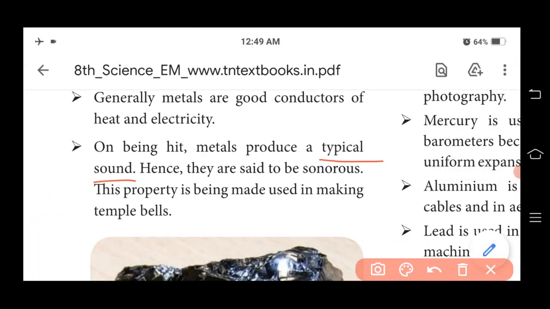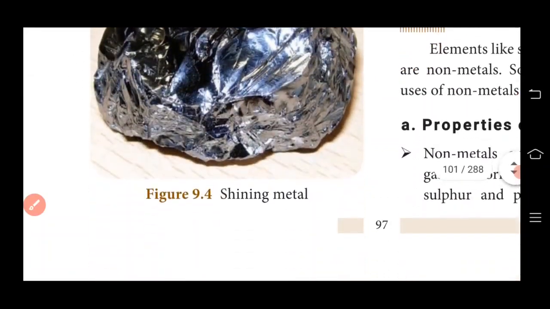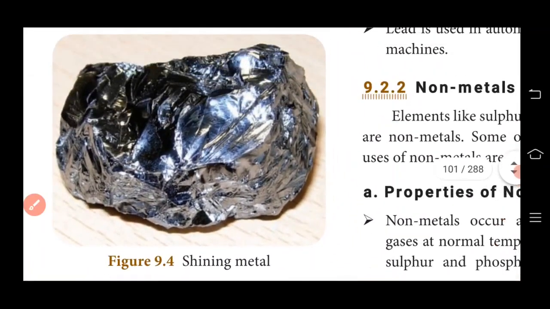Hence they are said to be sonorous. This property is used in making temple bells. So metals producing this type of sound is known as sonorous. See, this is a shining metal.